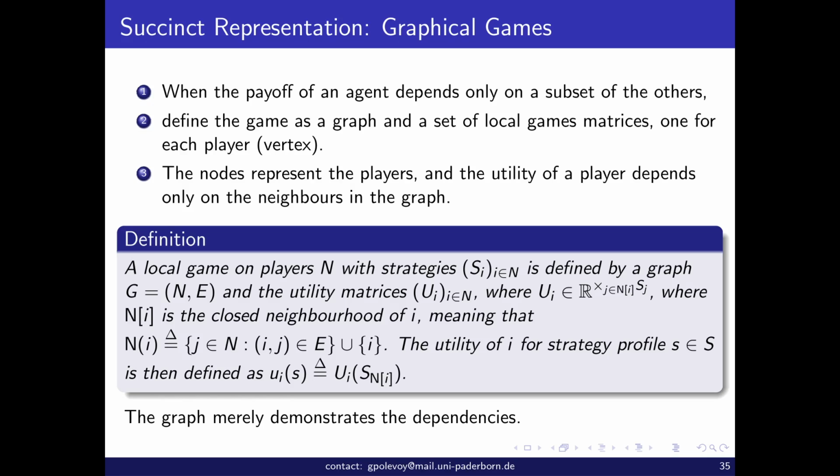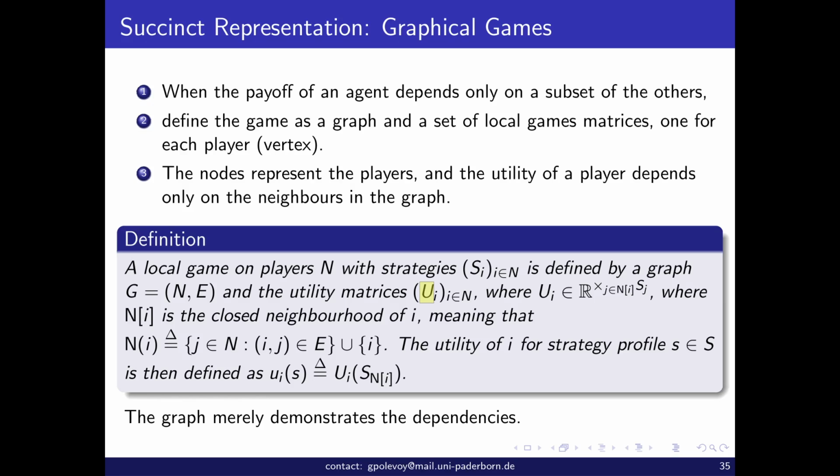And the utility matrices for each player, capital U_i is the utility matrix of player i, where the utility of player i is a real matrix, which basically gives her utility for every setting of the strategies of the players in her neighborhood.